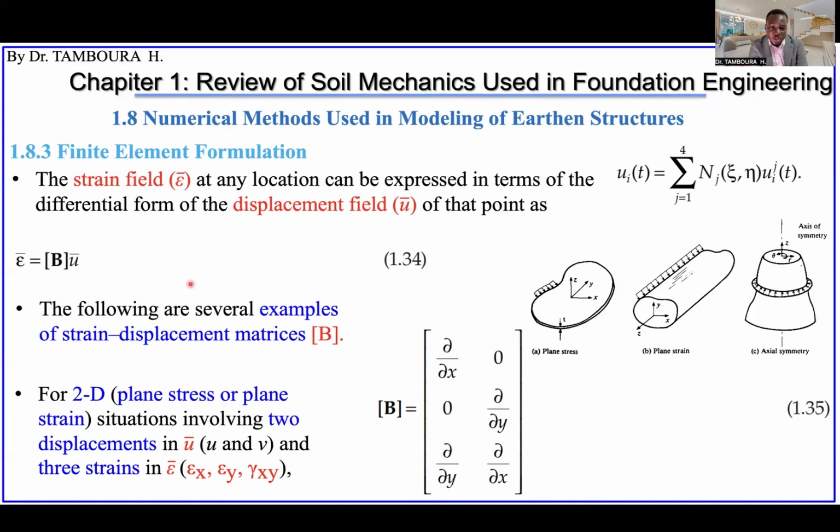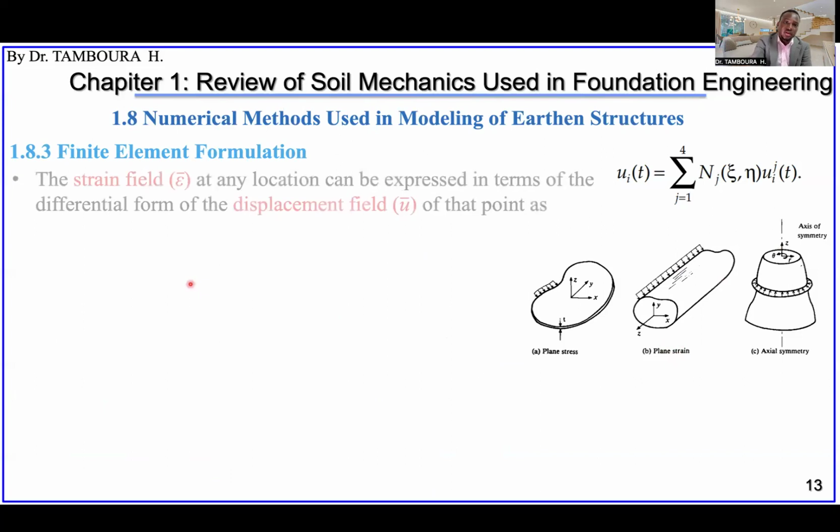So from displacement you can get the strain. The strain field at any location can be expressed in terms of the differential form of the displacement field at any point.